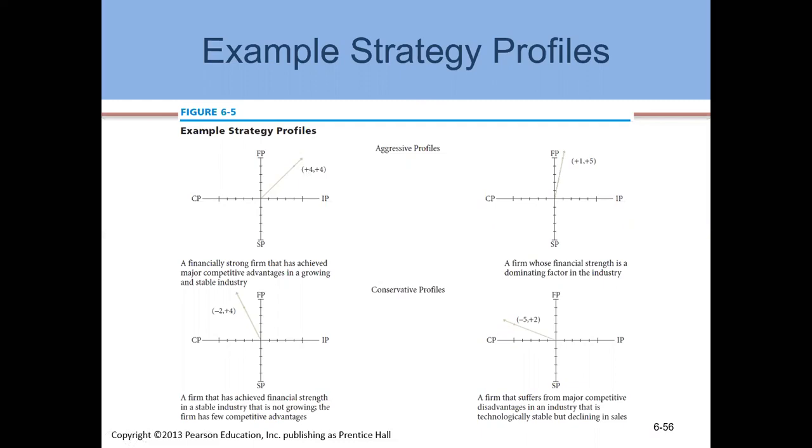This +4 would mean that the SP value is either 1 or 2 and the average FP value we have calculated is either 7 or 6 or 5. By adding the negative SP value to the positive FP value, we get the total score, which is +4 for the x-axis and +4 for the y-axis.